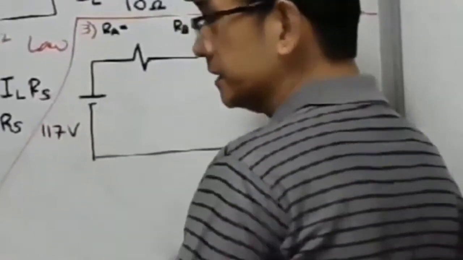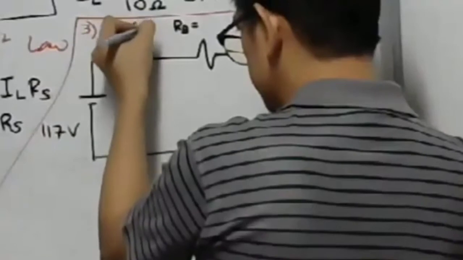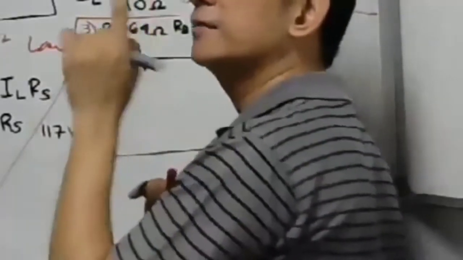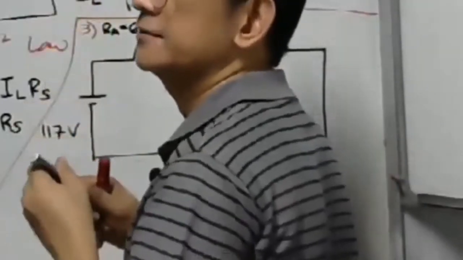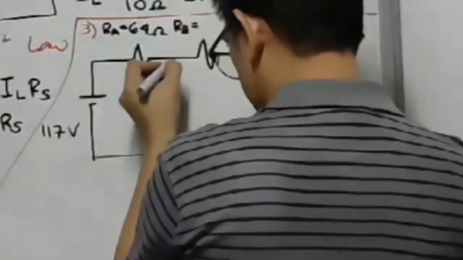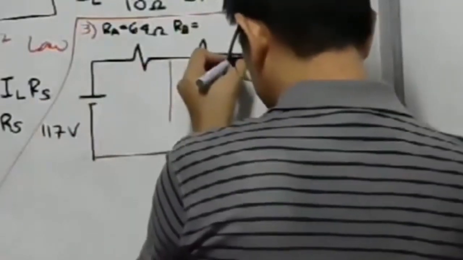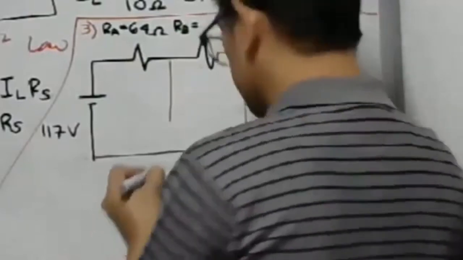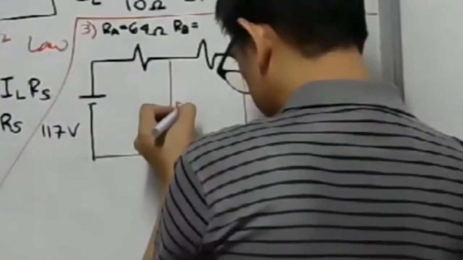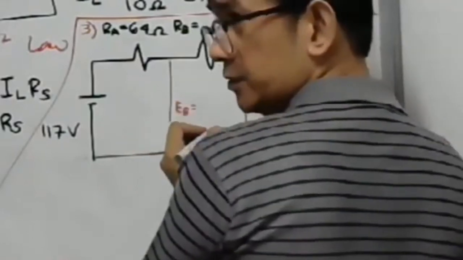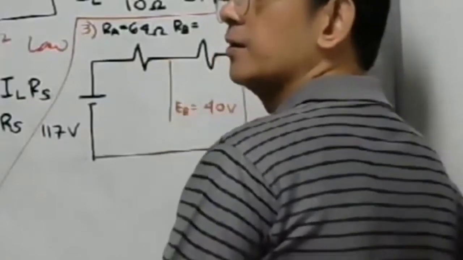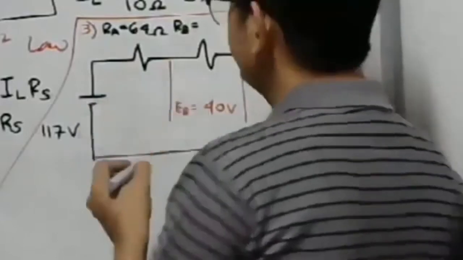If RA is 64 ohms, and EB, so we are given here the voltage drop, this is 40 volts. So where is that? In here, our resistor B, so the value is 40 volts, when the current is 0.5 amperes.